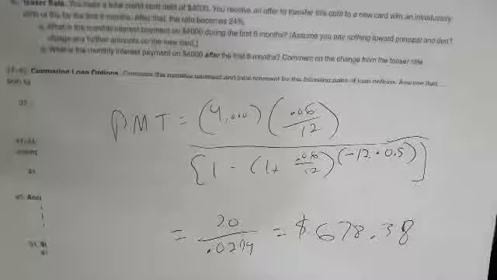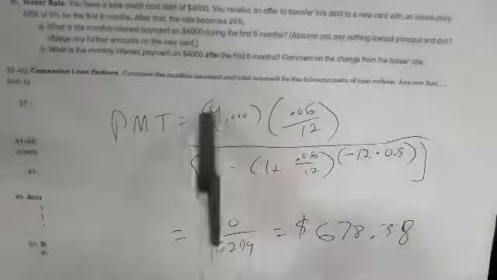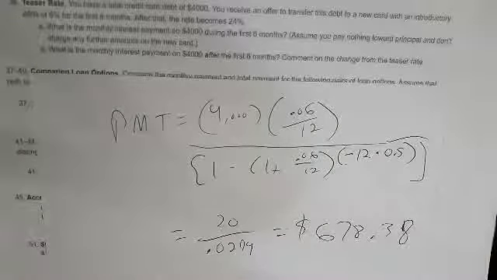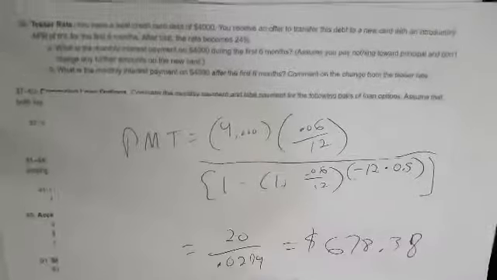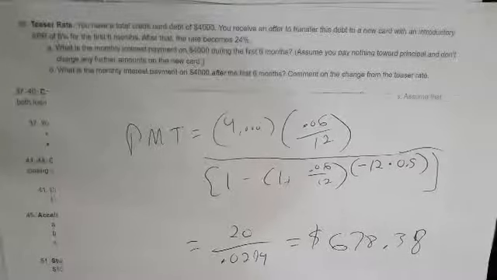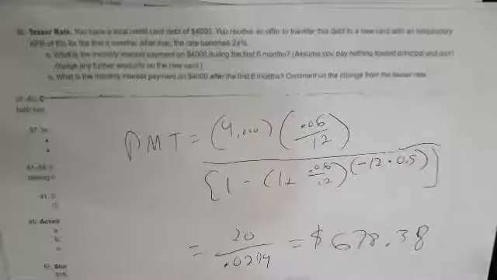But this would be if we took out 4,000 and we paid this over half a year and paid it all off, it would be this amount. That's not what they're saying here. So what they're saying, I don't know. Are they just doing this because they're doing interest?